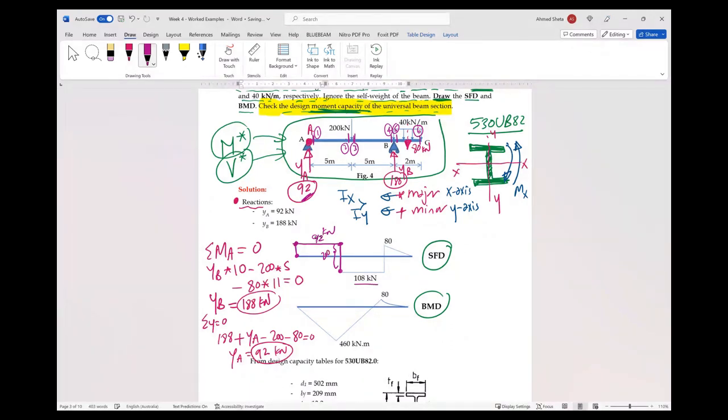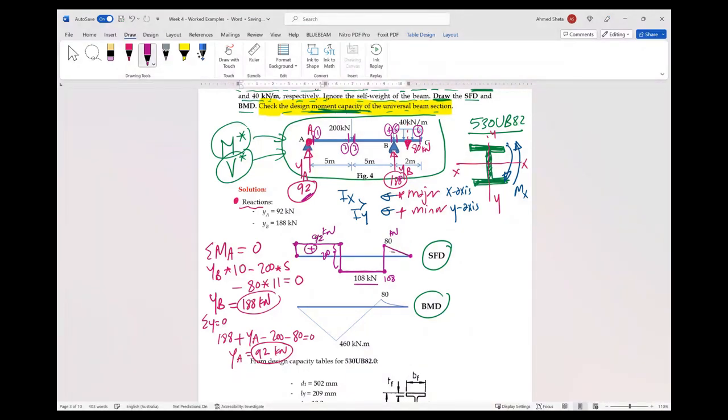Then from 3 to 4, we don't have any loads, so it will be 108. After that, from 4 to 5, we have 188 up, so from 108 we go up 188, and we will reach 80 kilonewton. Then from 5 to 6, we have the 80 as a distributed load, so at 6 it will be 80 minus 80, which is 0.